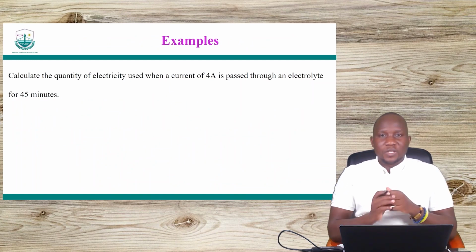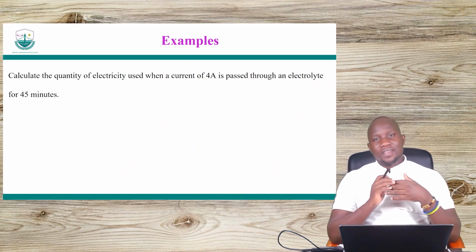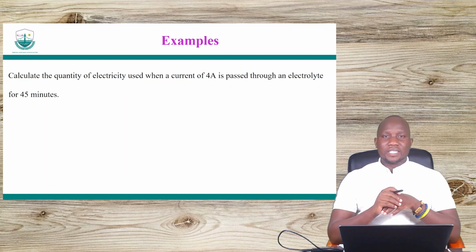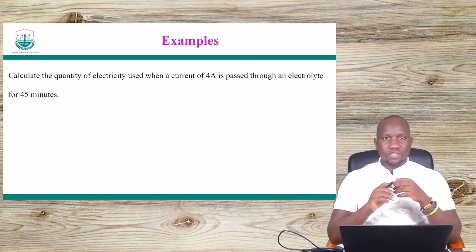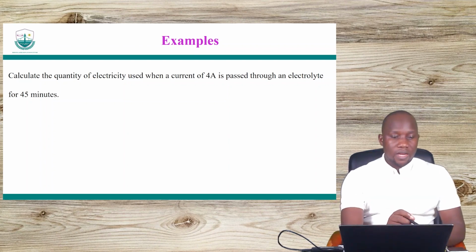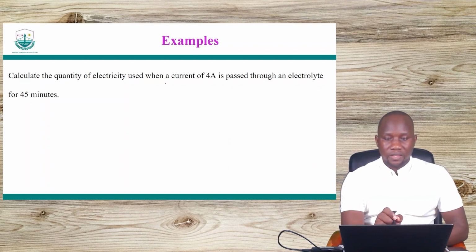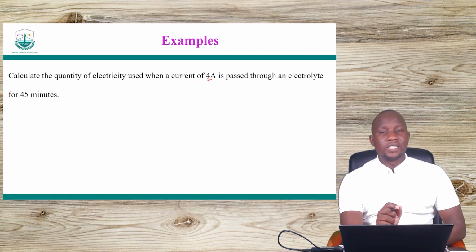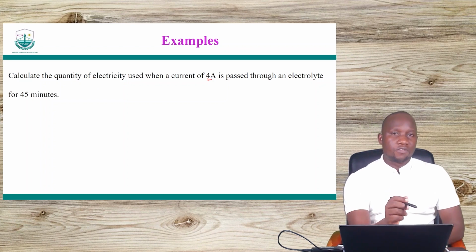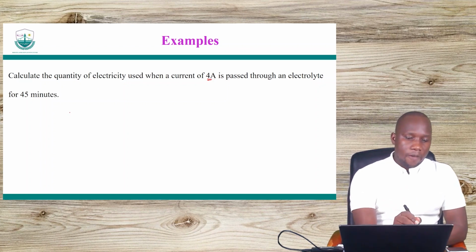So let's do some calculations. I'm quite sure that they are not very complicated. You just need to make sure that you follow up the calculations. Calculate the quantity of electricity passed when a current of 4 amperes, the A is ampere, right, is passed through an electrolyte for 45 minutes. So here, remember the formula.